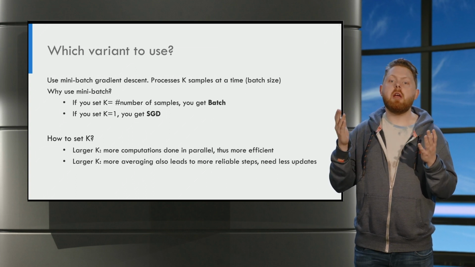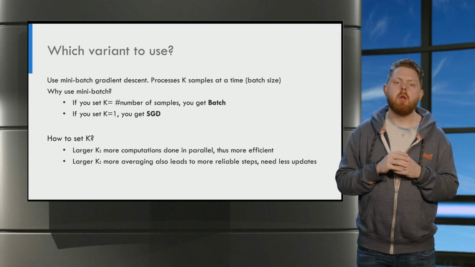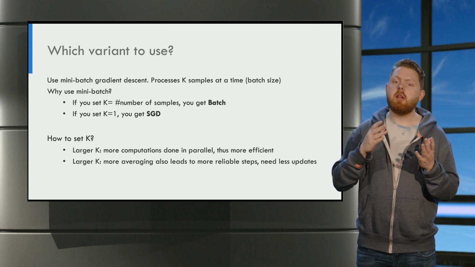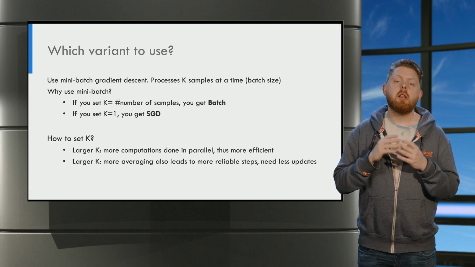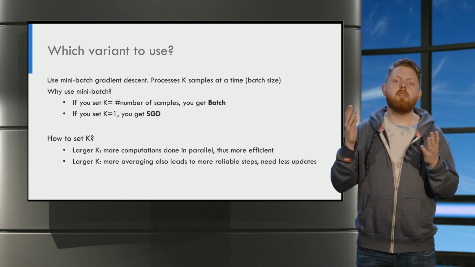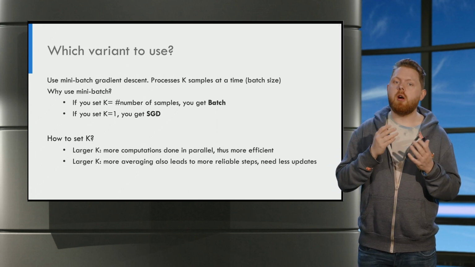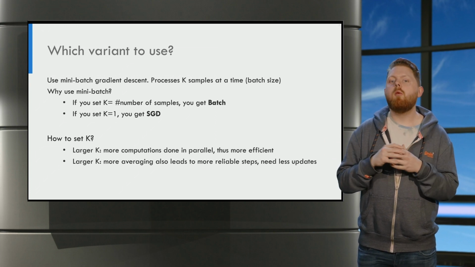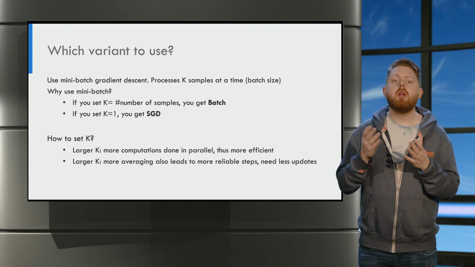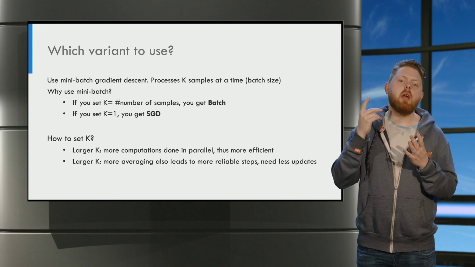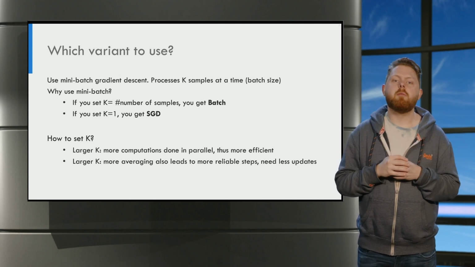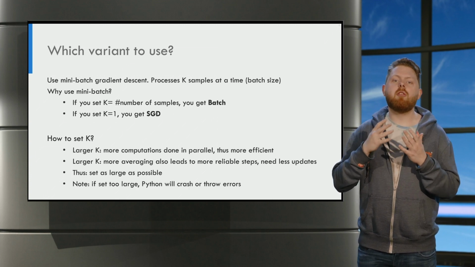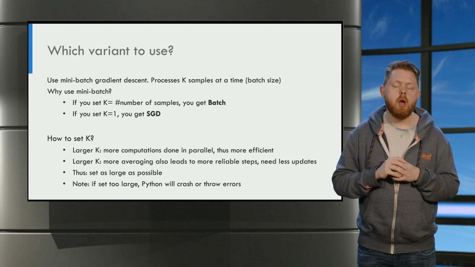Therefore, a larger k is more efficient. Furthermore, mini batch averages the gradient of k samples. Therefore, the larger k is, the more reliable the steps are. Because fewer steps are noisy and wrong, we may need fewer iterations. Thus, a larger k is usually more efficient. Thus, we want to set k as large as possible.